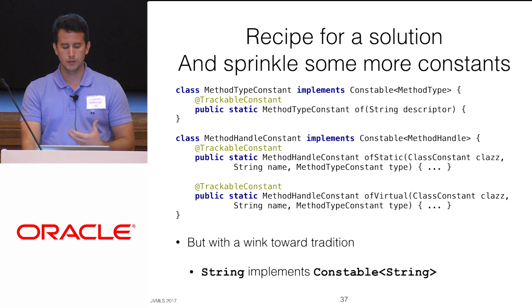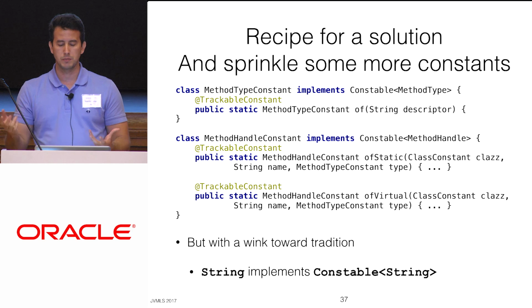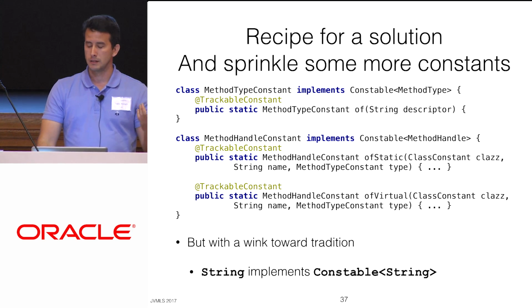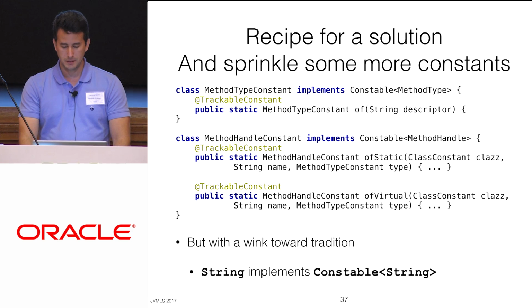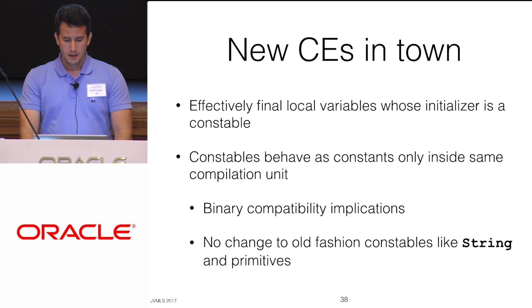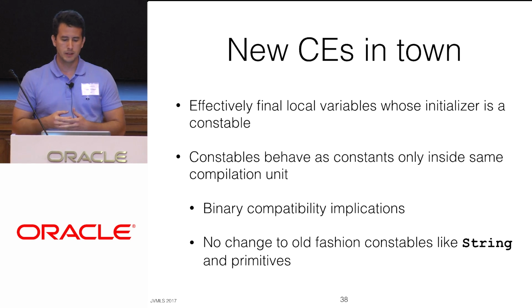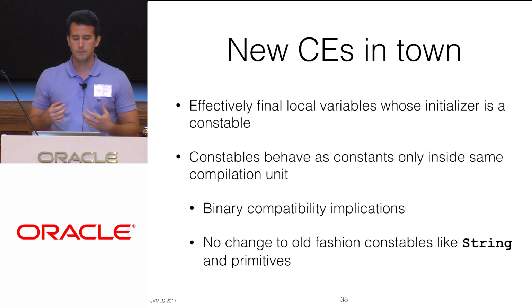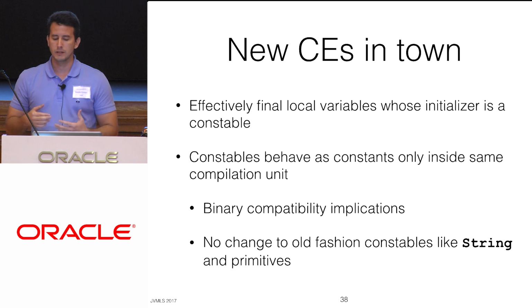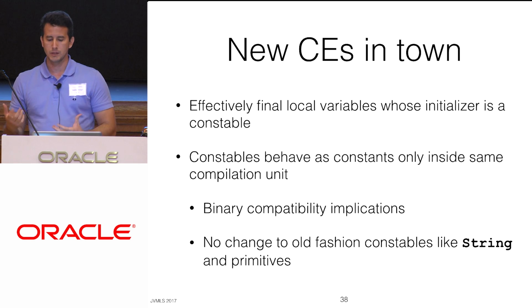And as I was commenting, string implements constable of string, integer implements constable of integer, etc. So we have defined new constant expressions in the language now. This part is interesting: an effectively final local variable can be a constable.